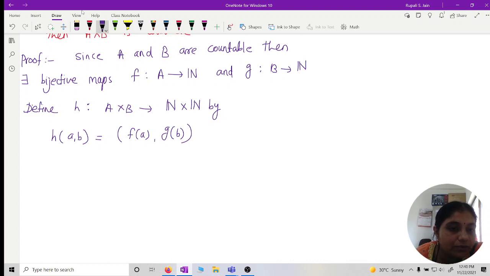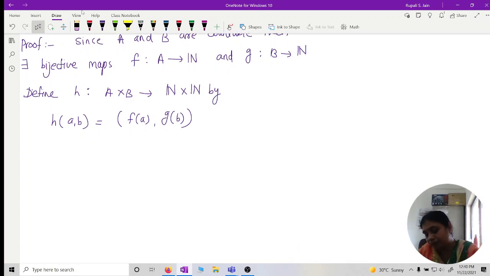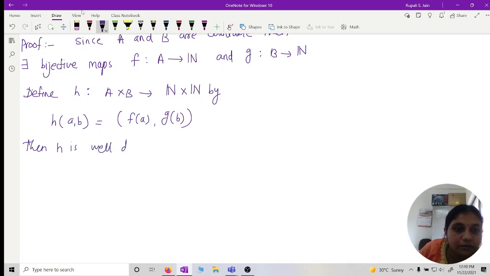So for that we have to show H is bijective now. How can I show H is bijective? H is a well defined map.